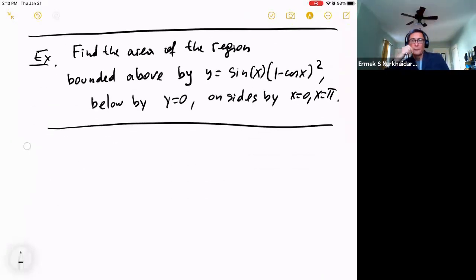So we have a region which is bounded above by that function sine x times 1 minus cosine x squared, below by y equals 0, on the sides by x equals 0, x equals pi.